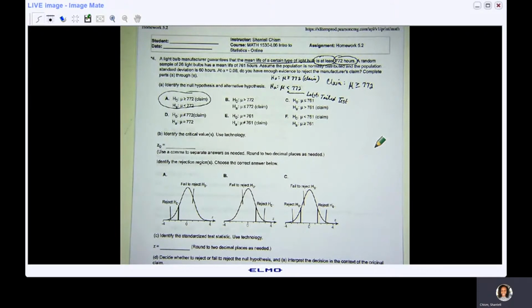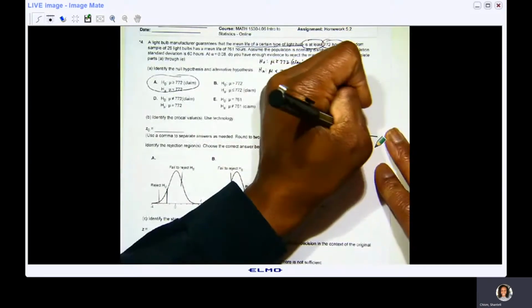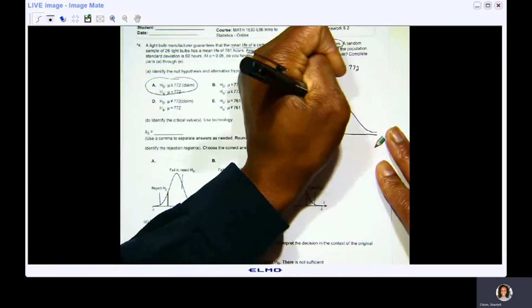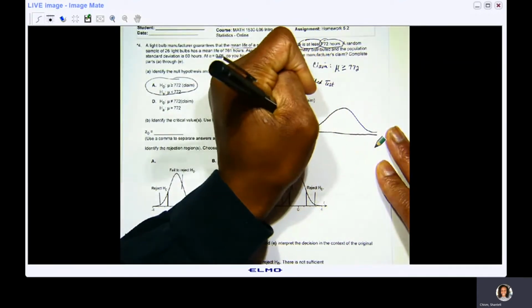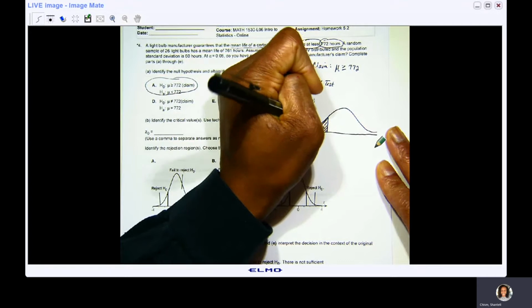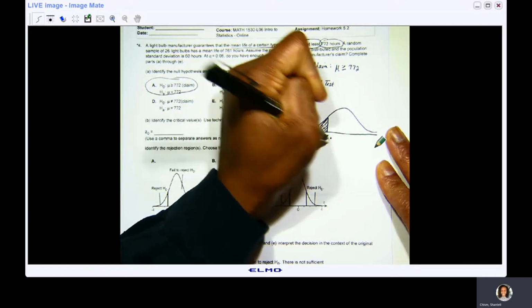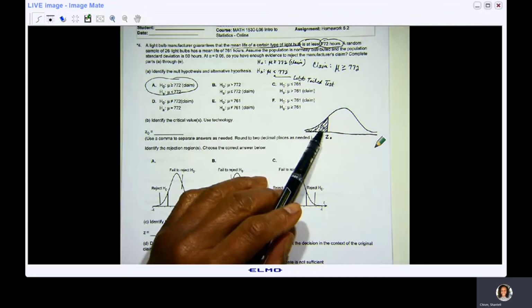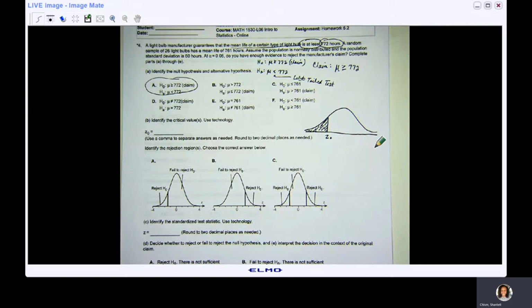Now I'm going to draw a sketch. This is the left-tailed test, so notice I'm shading to the left. I'm going to find the critical value that corresponds to this shaded region. Alpha, our test level, is 0.08.